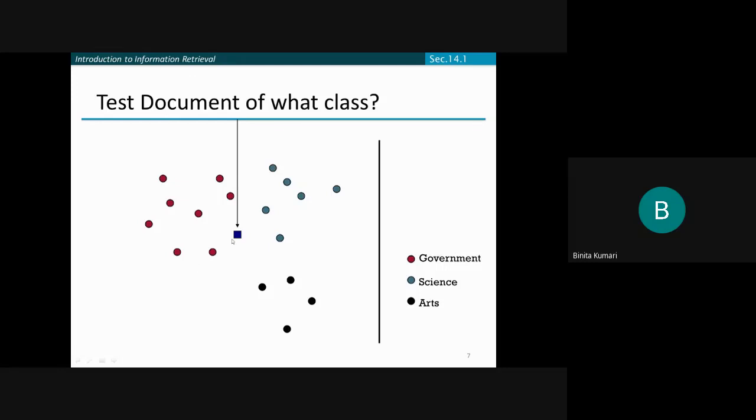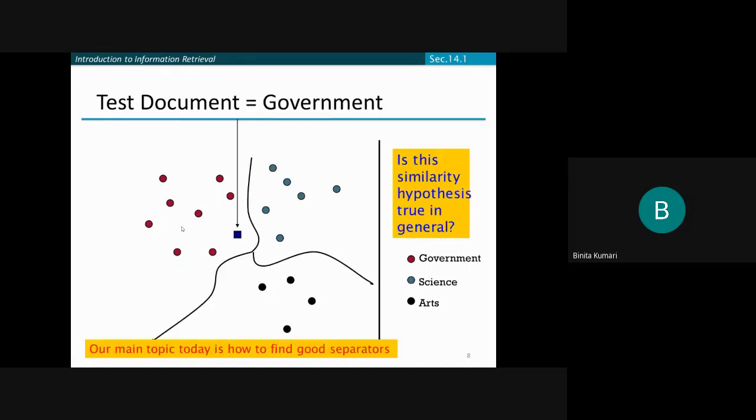So since it is very close to these types of documents, this tells that this test document belongs to the class government. So we need to find out good separators here so that the documents of different classes don't overlap.